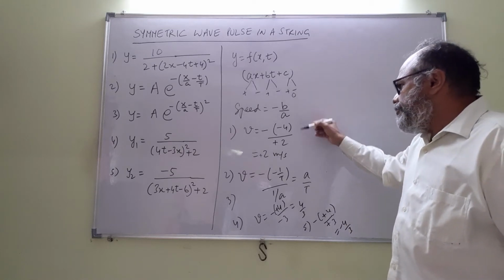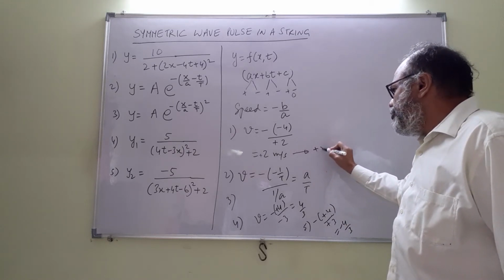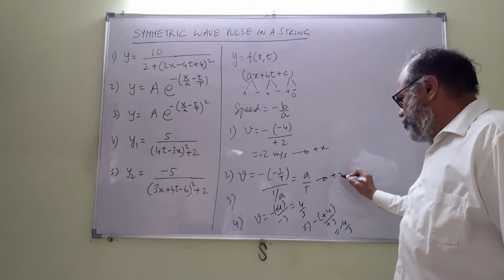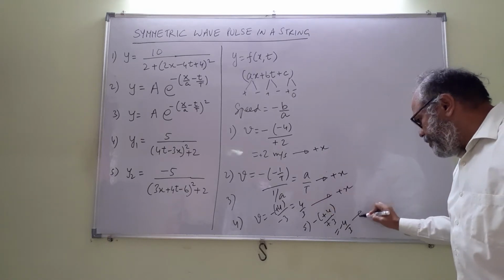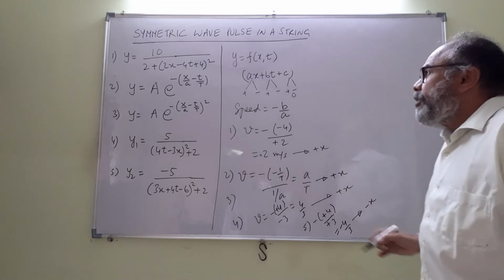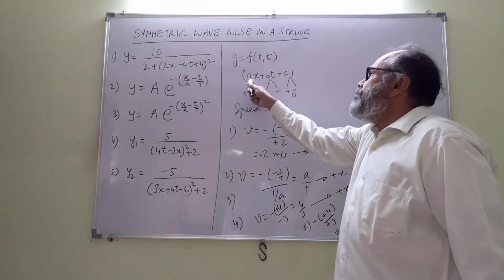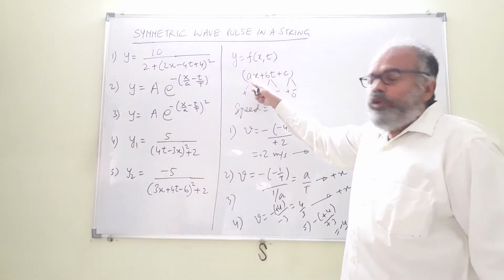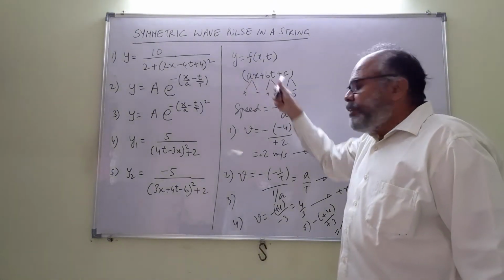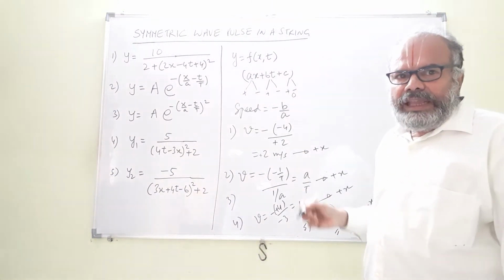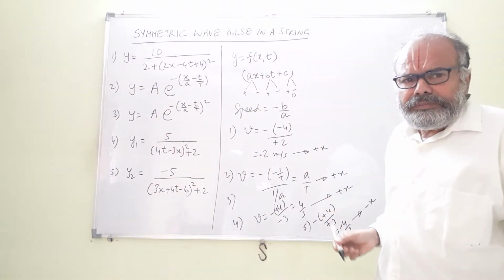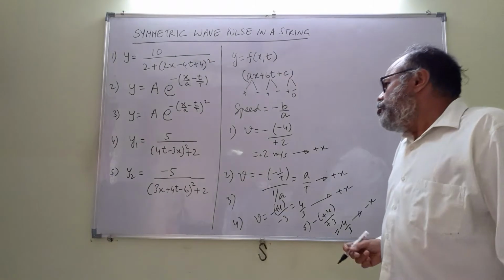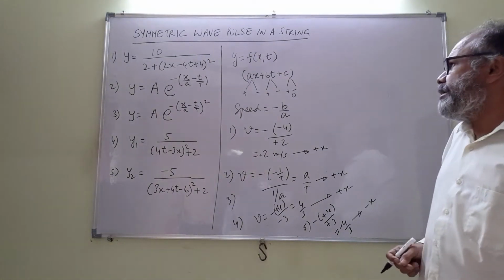So all these waves are moving in the positive x direction, this is also positive x direction, this is positive x direction, whereas this is in the negative x direction. Whenever a and b have the same sign, that is, if both are positive or both are negative, the wave travels in the negative x direction. When a and b have opposite signs, the wave travels in the positive x direction.